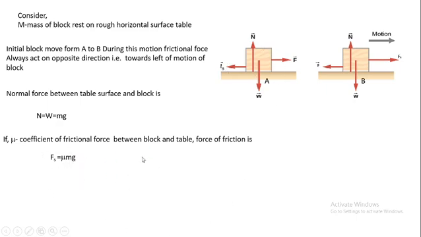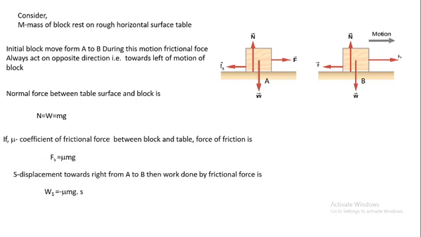So the frictional force depends upon the weight of the block or object. If the weight increases, the frictional force increases, and you require a greater force to displace the object. So we get the frictional force equal to mu into mg.